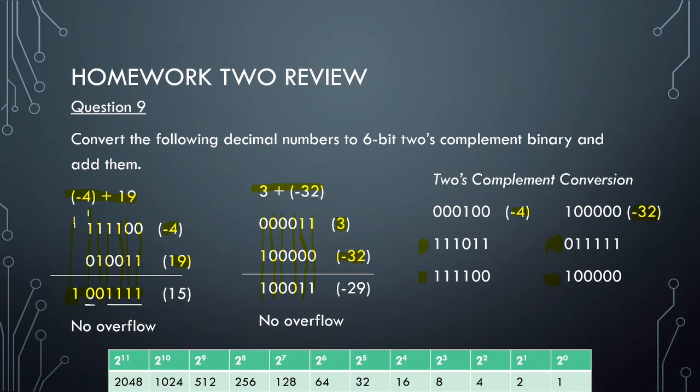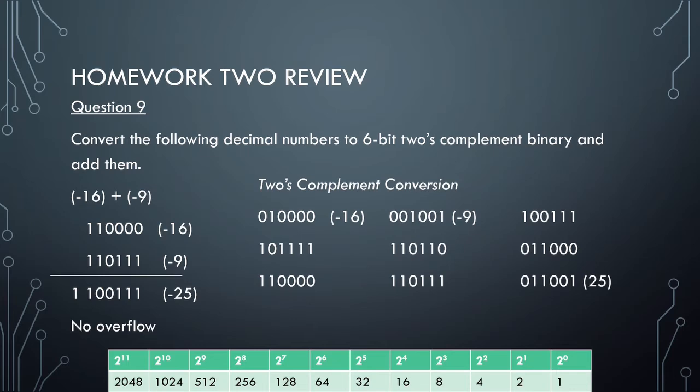We have no overflow, nothing extra, and our most significant bit down here is a 1, which represents that this is a negative number. So if we were to convert this back from 2's complement to a regular binary number and figure out the decimal value, we would end up with -29. So there is no overflow here.